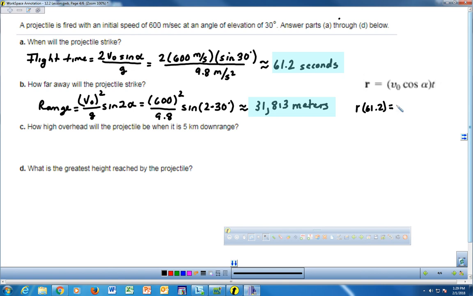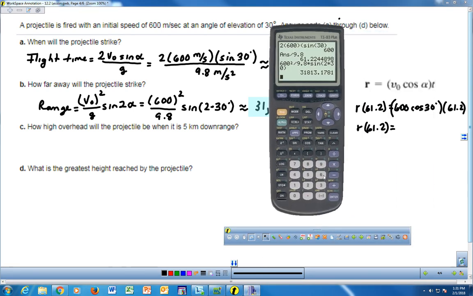So the initial velocity is 600 times cosine of the angle that it was shot at, a 30-degree angle, times the time, which is 61.2 seconds. That should also give us the range, or how far it is going to have traveled after 61.2 seconds. So that would be 600 times cosine of 30 degrees, times 61.2 seconds.